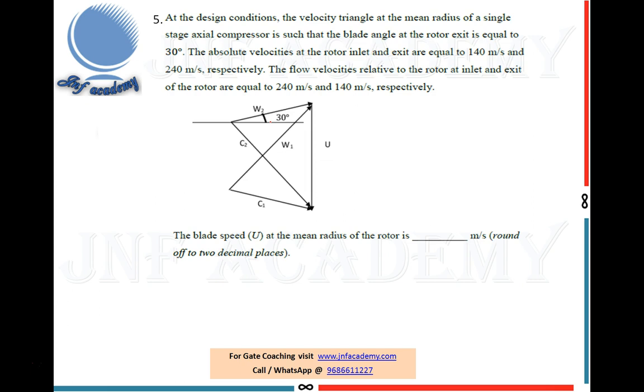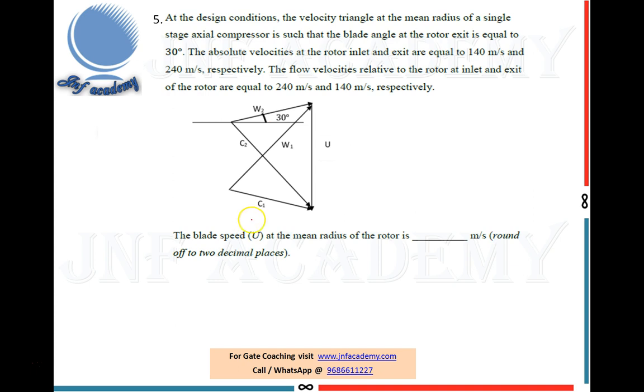At a design condition, the velocity triangle at the mean radius of a single stage axial compressor is such that the blade angle at the rotor exit is equal to 30 degrees. The absolute velocities at the rotor inlet and exit are equal to 140 meter per second and 240 meter per second respectively.